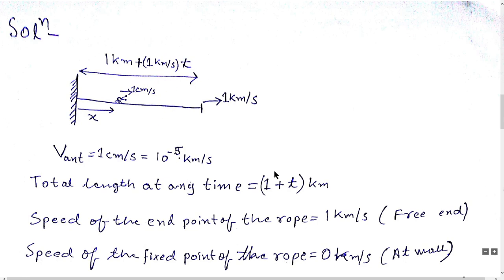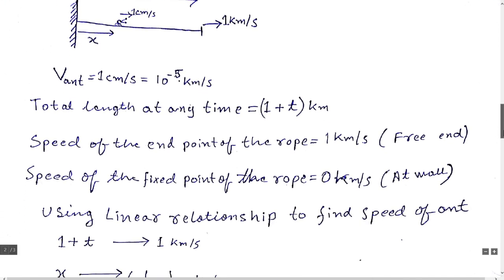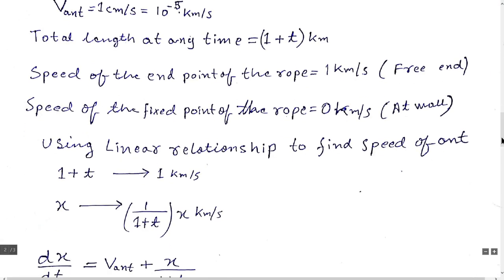The speed of the free end of the rope is 1 kilometer per second. The end which is tied to the wall is not moving at all, so its speed is 0 kilometer per second.